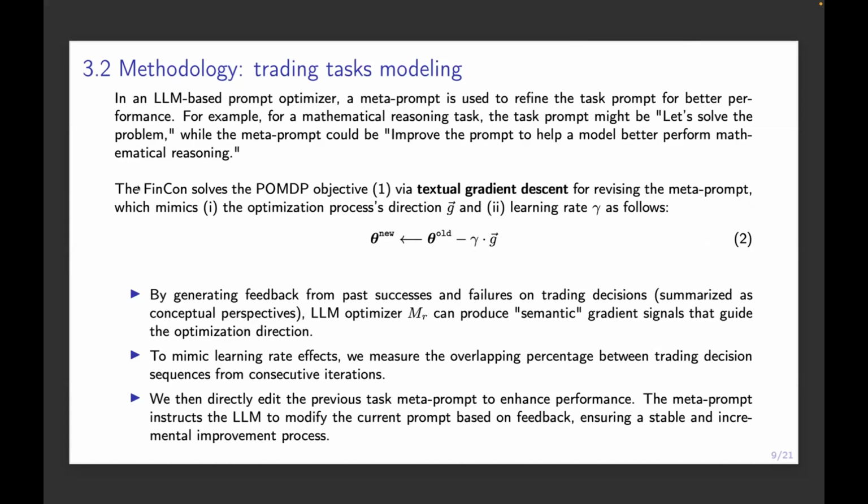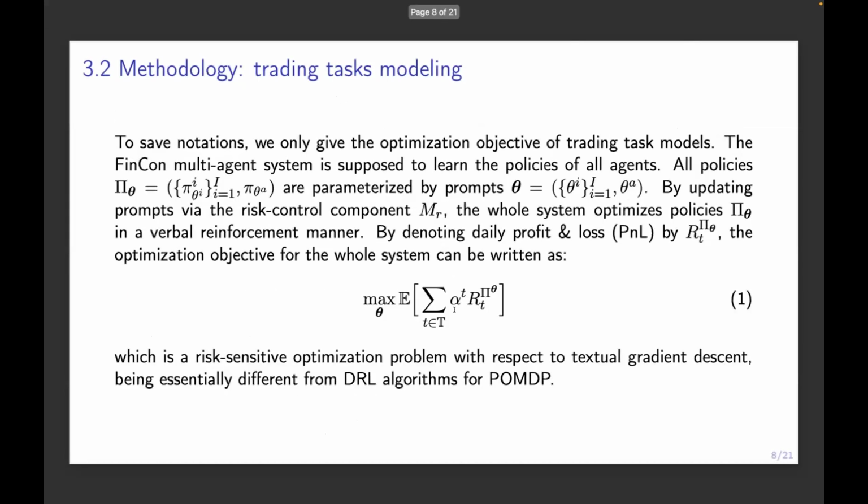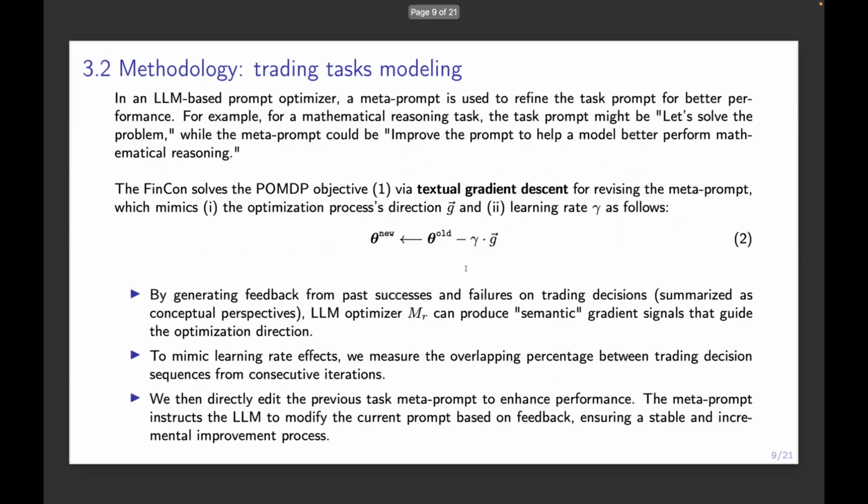In one word, FinCon solves the POMDP objective 1. The objective 1 here is this function. We solve this function via textual gradient descent. For revising the meta prompt, which mimics first the optimization direction G and also the learning rate as follows, it looks like traditional gradient descent, but they are essentially different.